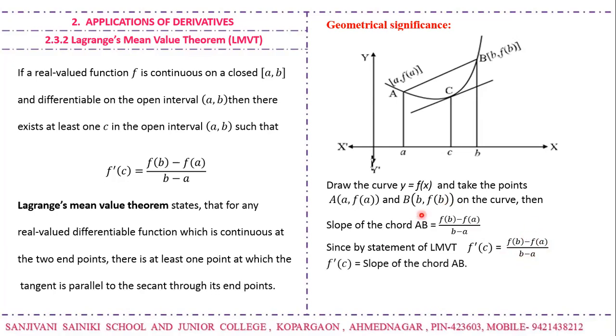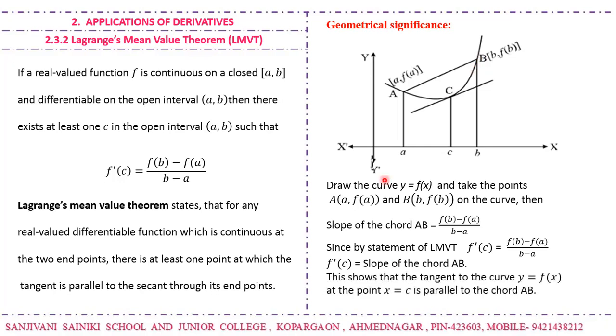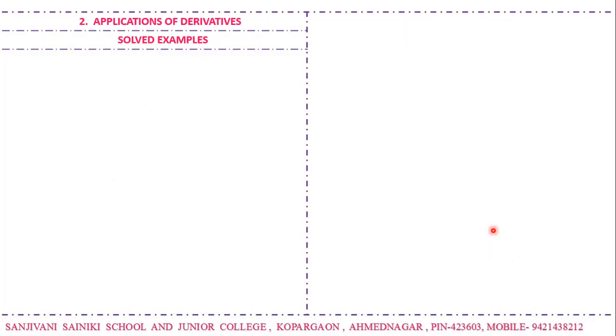So that means f dash of c is the slope of the chord AB. So this theorem tells us that there exists a tangent to the curve y is equal to f of x at point c which is parallel to this chord AB. So this is the geometrical significance.